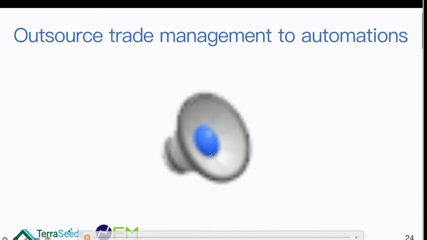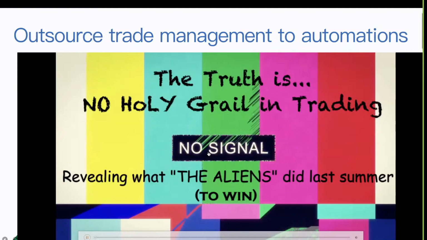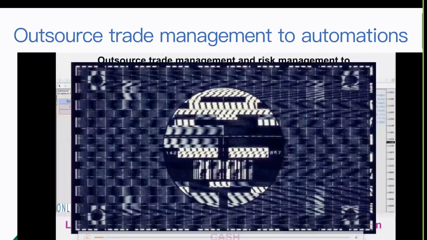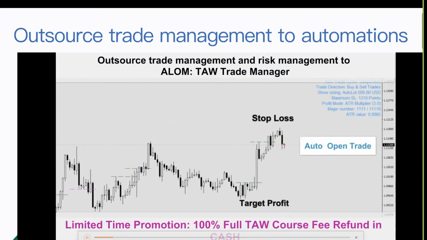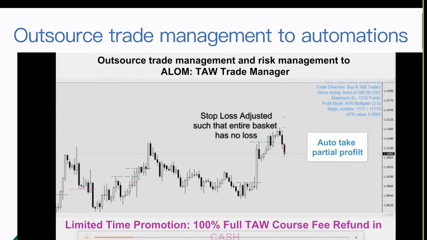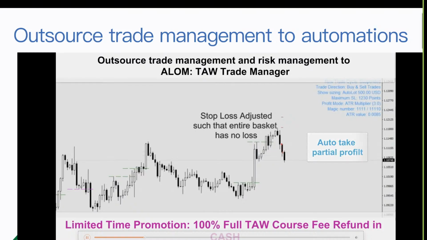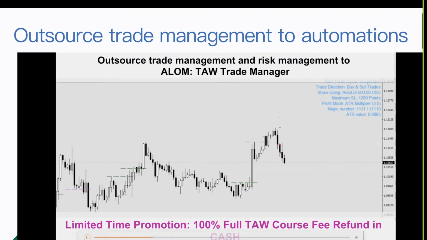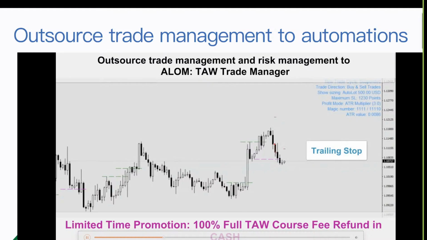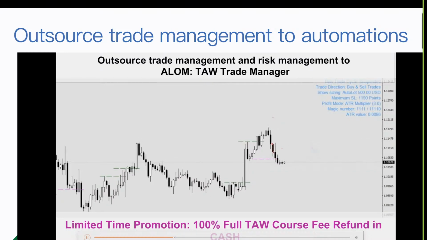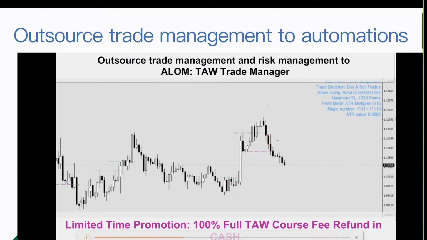Now this one here is our automations, meaning that if you are not using TradingView, and you are using MetaTrader 4, then we are able to open the trade automatically for you. We call this an EA. It is a trade manager that automatically opens the trade for you, does your trailing stop loss, and adds in new trades for you.